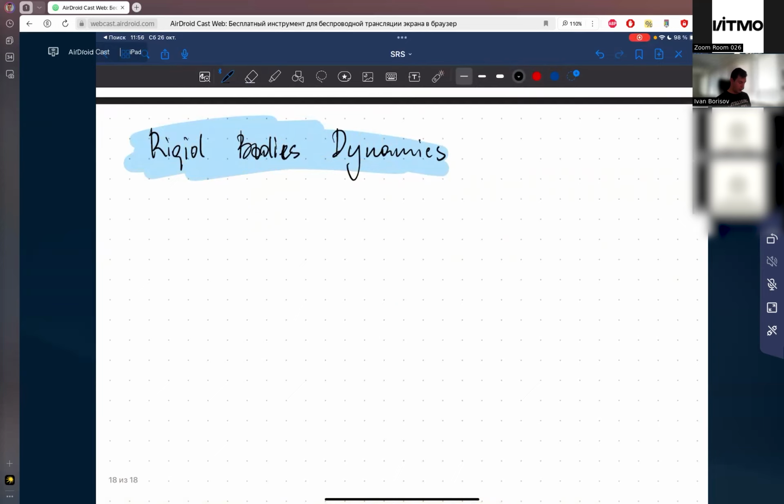So, can you tell me the equation for kinetic energy of a point mass? Let me write it explicitly, kinetic energy of a point mass.